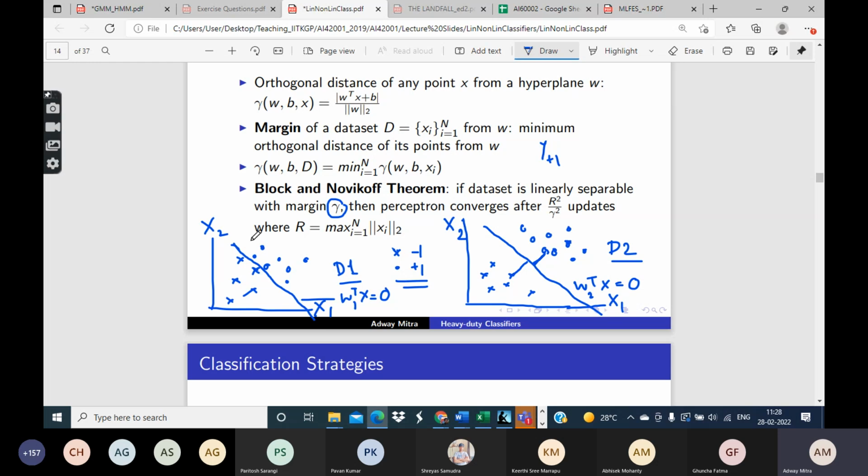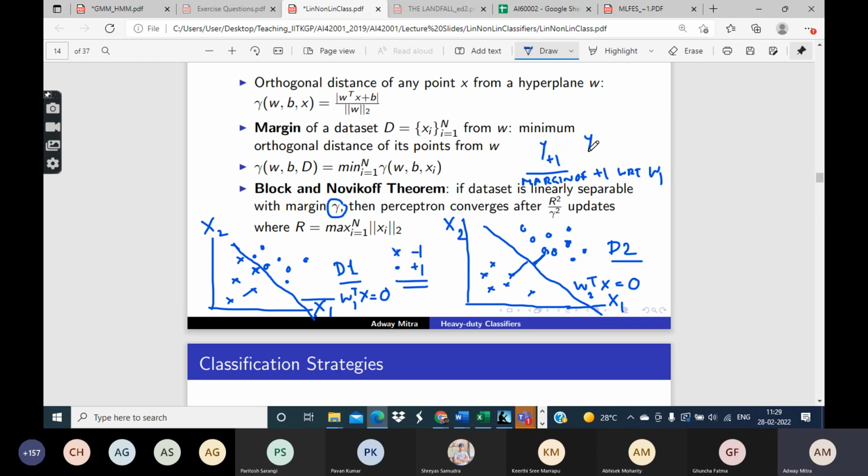If we focus only on these points, and from each of these points we drop the perpendicular to the line, and then measure the lengths of the perpendiculars, the minimum such length I will denote as gamma of +1. We can call it the margin of +1 with respect to W1.